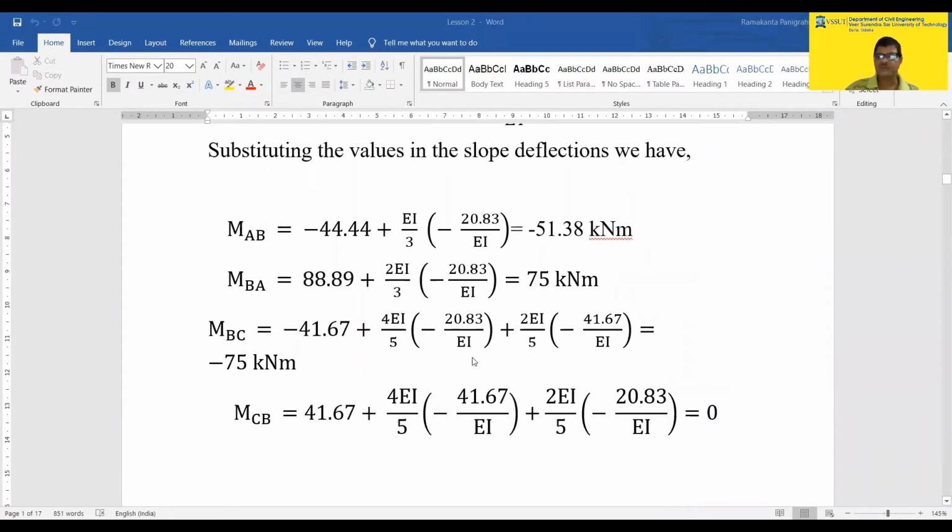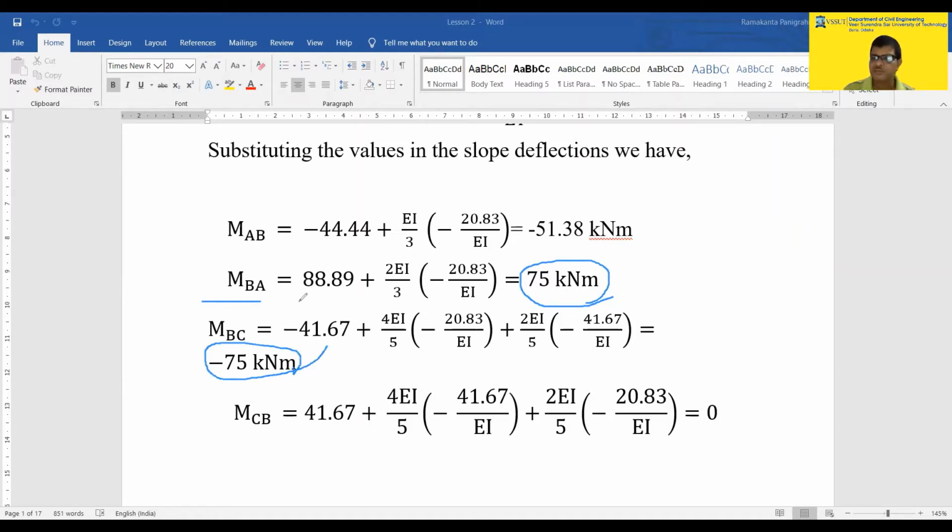Whether your values of theta B and theta C obtained by solving the equations are right or wrong can be found by checking. MBA and MBC must be equal and opposite in nature, because both combined must give 0.